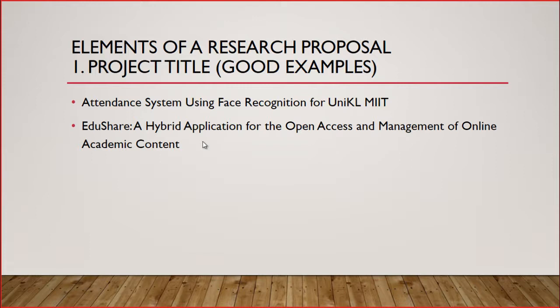That's why he wanted to highlight that this is a hybrid application. And then we have the open access and management of online academic content. Although we are not sure what the details are, at least we know what it's all about. This is number 2.